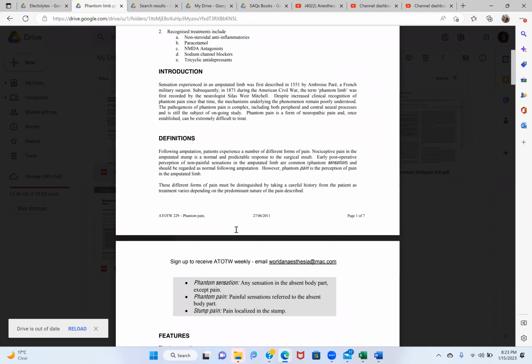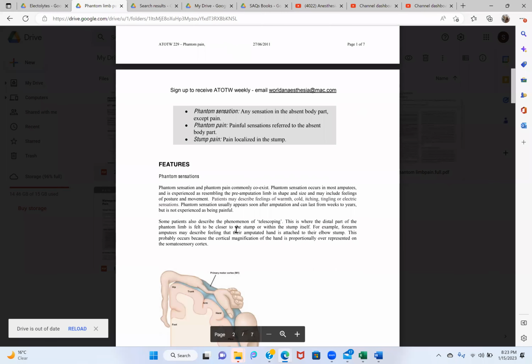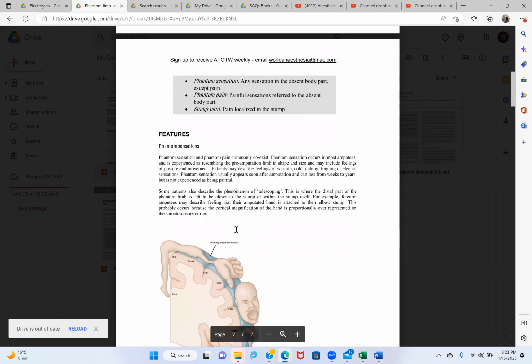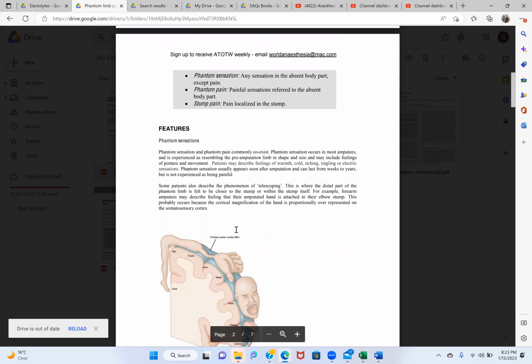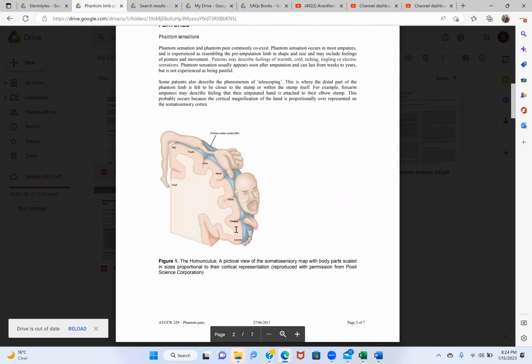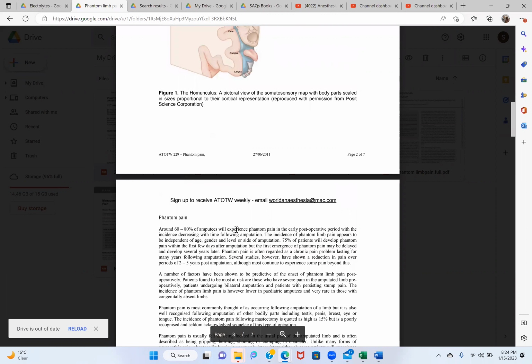There is some problem of modulation in the spinal cord, and then there are errors in the remapping, because there are specific areas in the brain which respond to the different body parts. So when some part is removed, there is remapping. There is an error in the remapping mechanism, and then the patient thinks that there is still a missing limb, or phantom, that the phantom part is there.